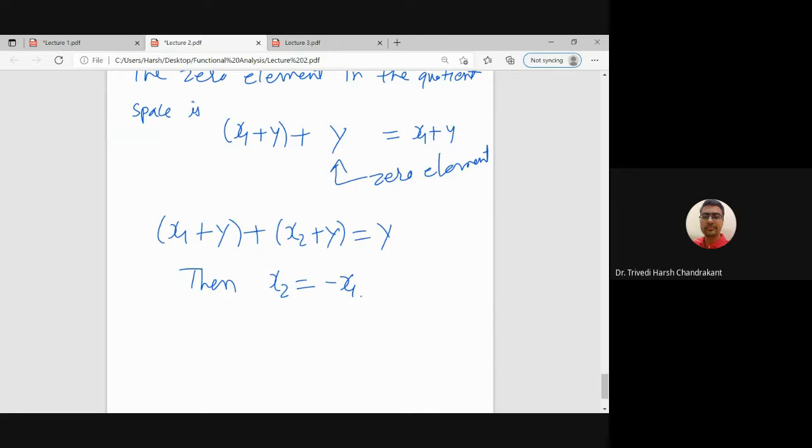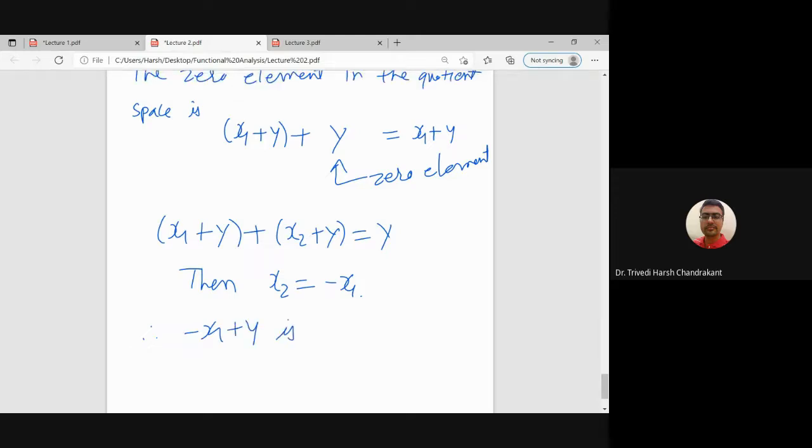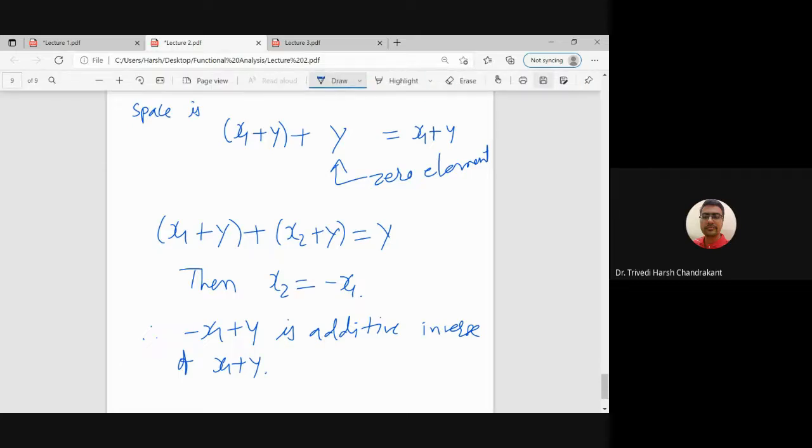So basically, therefore, minus x1 plus Y is the additive inverse of x1 plus Y, right?